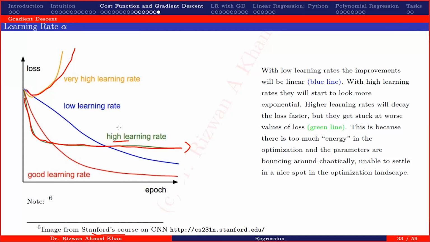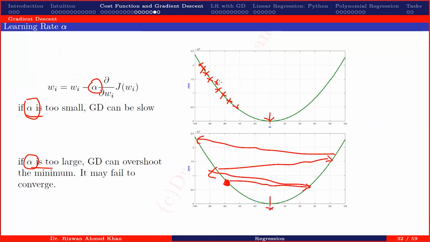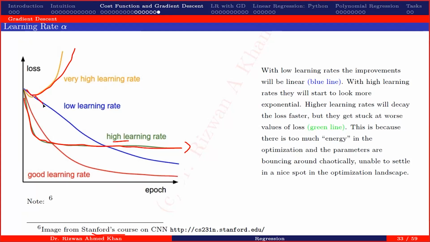If alpha is very small, it will take many epochs, many iterations, to find the solution. But if you find a good learning rate, we can very quickly reach the best value. So this is the effect of the learning rate on the gradient descent algorithm.